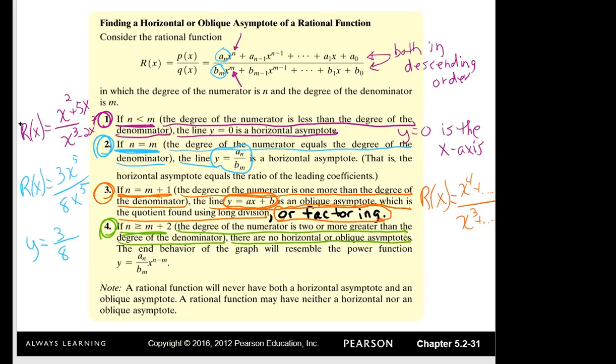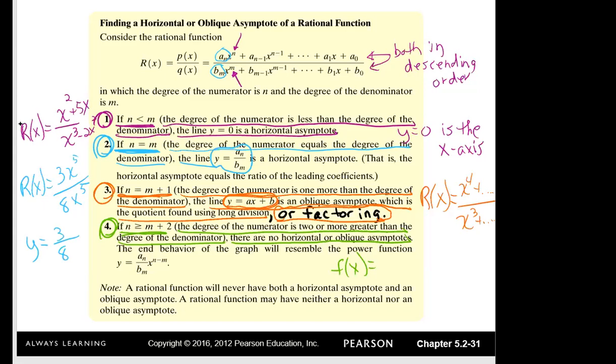And the end behavior of the graph will resemble the power function a over b times x to the n minus m.